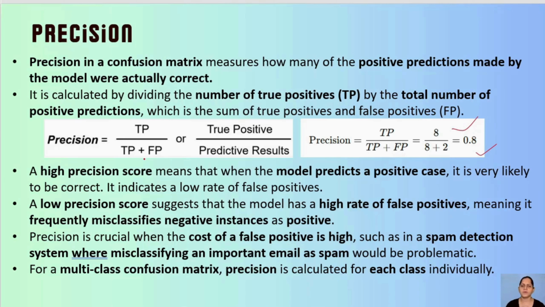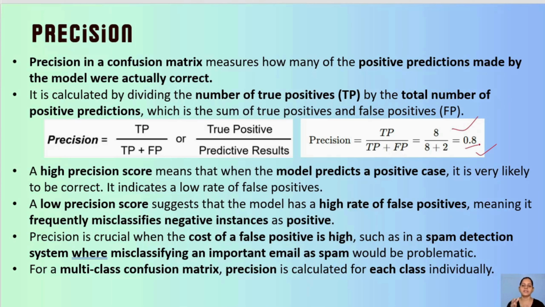Then when you're talking about a high precision score, that means when the model predicts a positive case, it is very likely correct. It indicates a low rate of false positives. Suppose in this example we are getting 0.8.